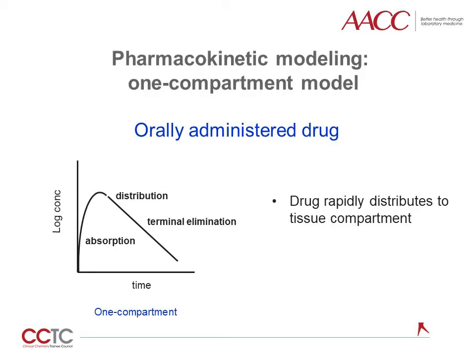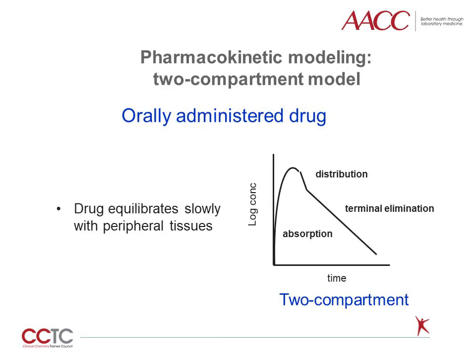There are 2 models that are often used to depict the ways drugs are handled by the body. The one compartment model shown here is a simple model in which the drug is hypothesized to distribute quickly to the circulation and is uniformly distributed throughout the body as if the entire body was a single compartment.